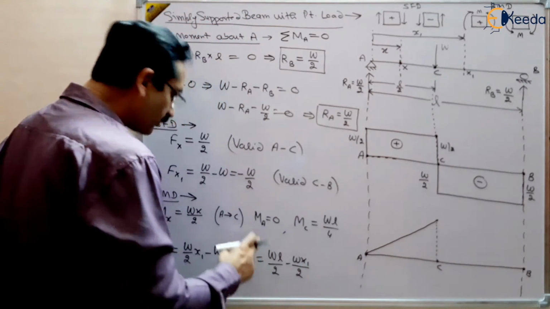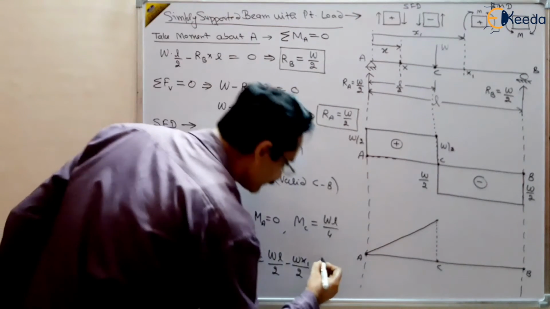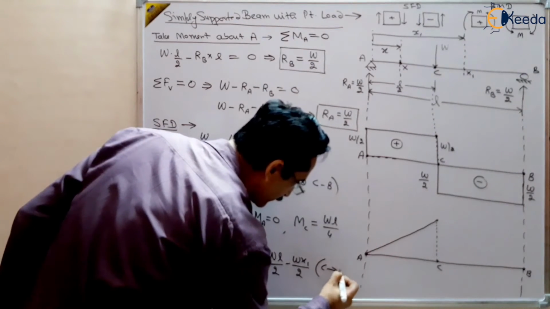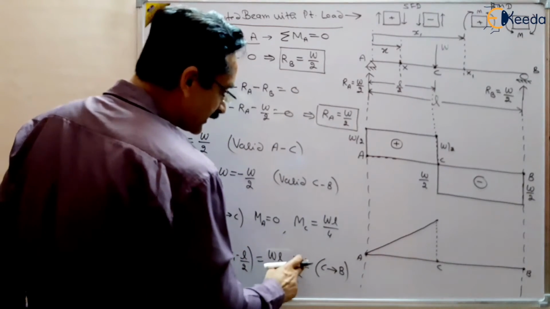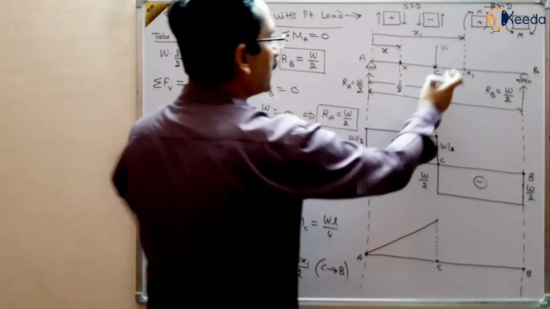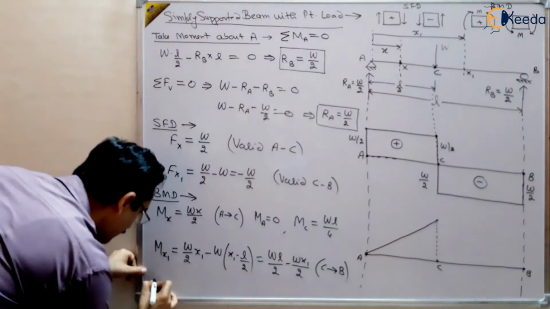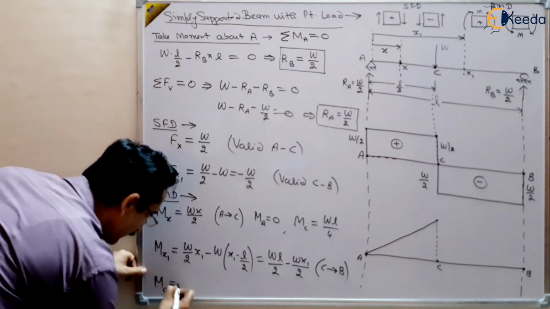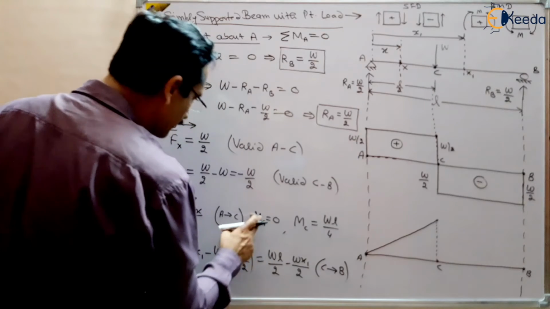Now, what is the bending moment at endpoints? And this is valid between C to B. So what is the value at C? At C, x1 is L by 2. So put x1 equal to L by 2, you will get the bending moment at C, and that will be again WL by 4.